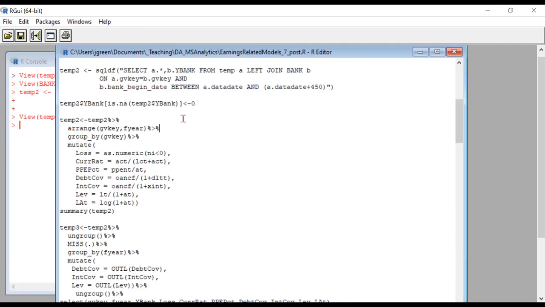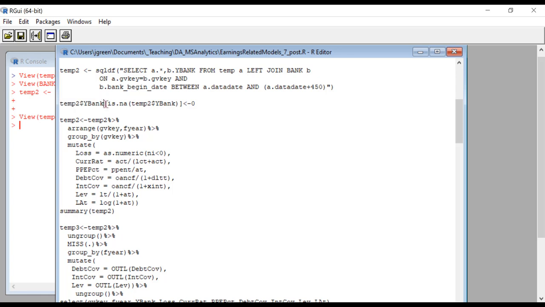So that was the left join, but now that we have these NA variables, we need to predict zeros or ones, so we have to transform those missing ones into zeros. So I'll show you one way to do this here. So this is the column. Remember temp2, this is the data frame. The $ sign means the column for this yBank variable that we just added on to the data frame.